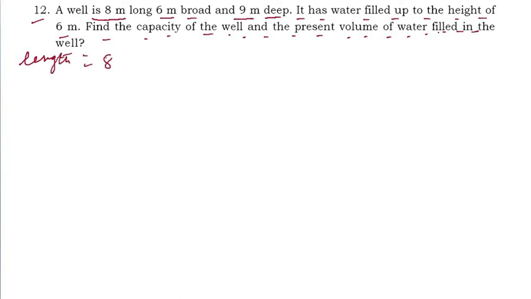Length is given as 8 meter and breadth is given as 6 meter. And the height is 9 meter. So you have to write height is equal to 9 meter.